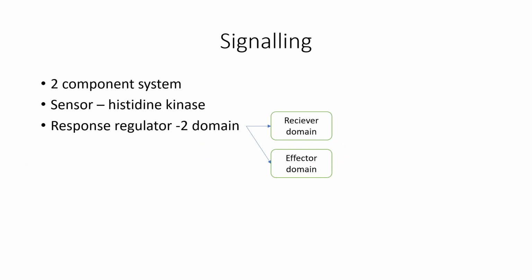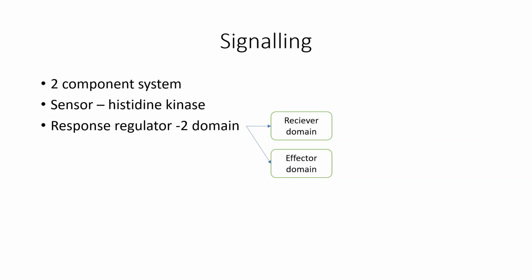Now the most important part here is signaling. Its signaling is very similar to the two component system of bacteria. In a standard two component system, there are two components present, that is a sensor histidine kinase and a response regulator. A response regulator has two domains, a receiver domain and an effector domain. So what actually occurs is this sensor is present on the membrane, and when a ligand binds from the extracellular medium, it gets activated, and this histidine kinase gets autophosphorylated with the help of ATP.